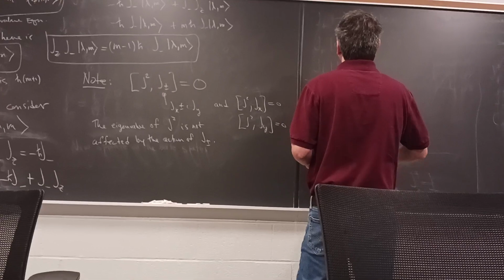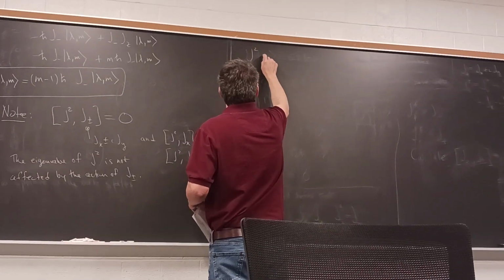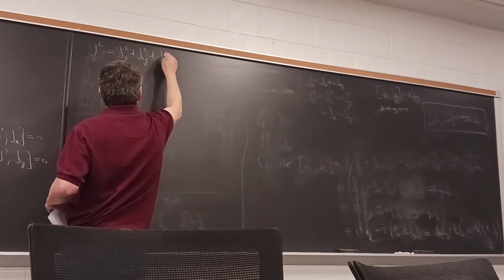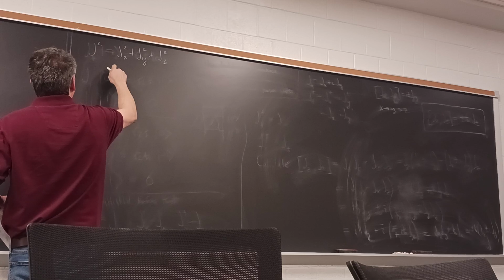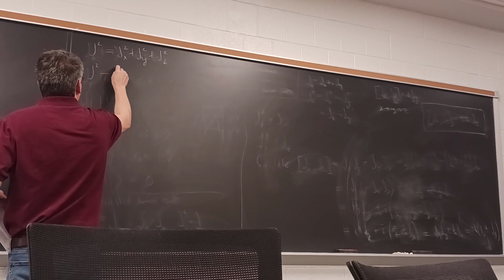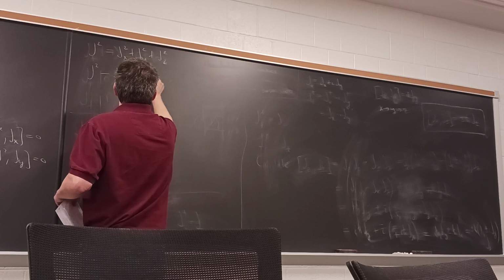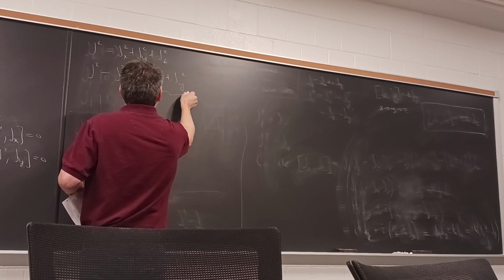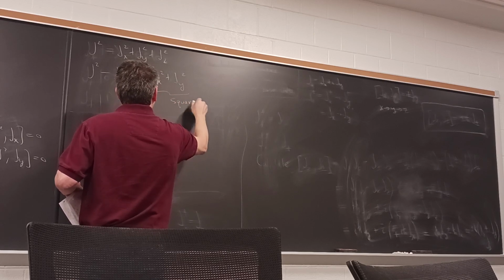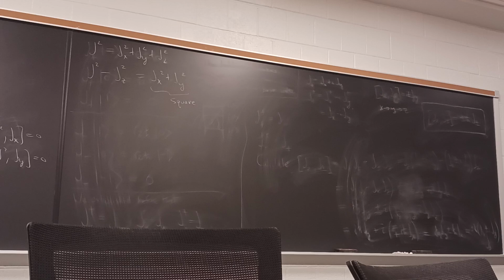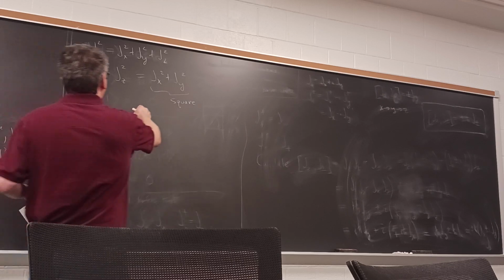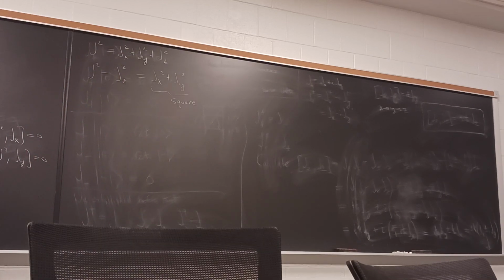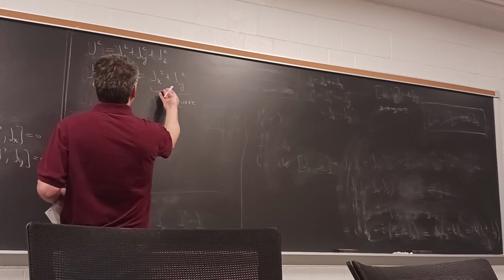Okay, so again, we defined that the total j squared was jx squared plus jy squared plus jz squared. And j squared minus jz squared is equal to jx squared plus jy squared. Both of the operations here are squared, and these are Hermitian operators, so we know they return real eigenvalues. So this thing is positive.